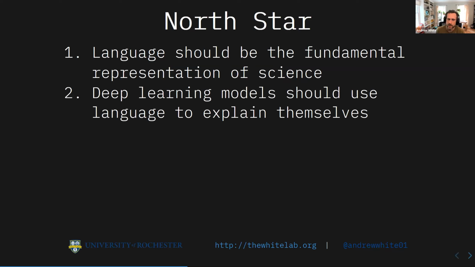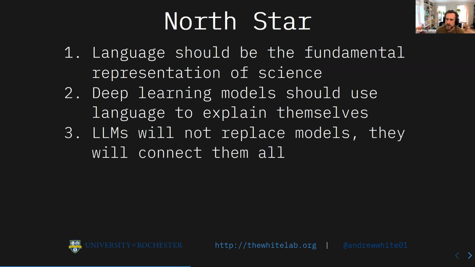And then the last one is that I don't think that large language models are going to replace all models. I think there's still, obviously, room for biophysical models and for classical machine learning models. But what large language models I think will do is they will be the glue, or the sort of agent, that connects all the different models that we can use in biology.